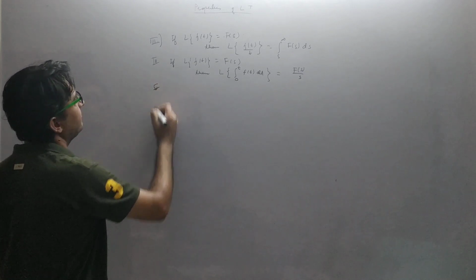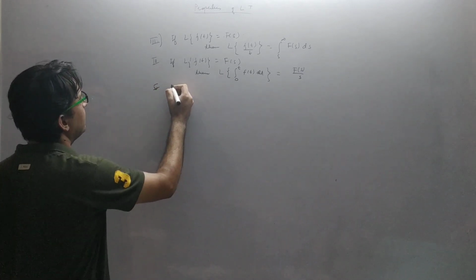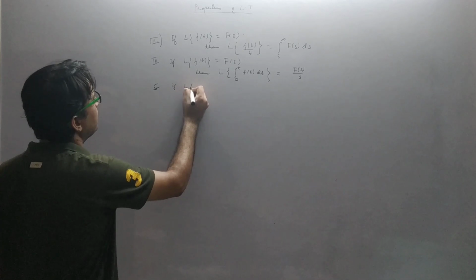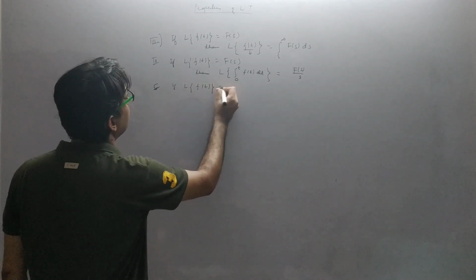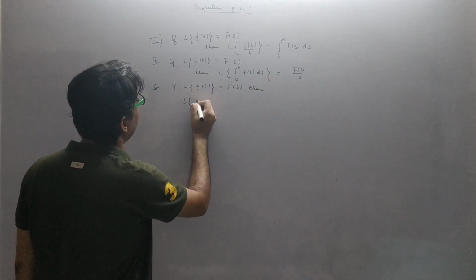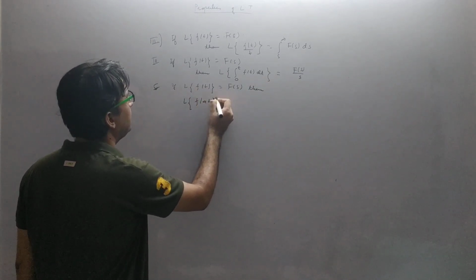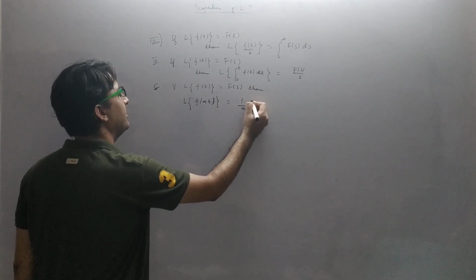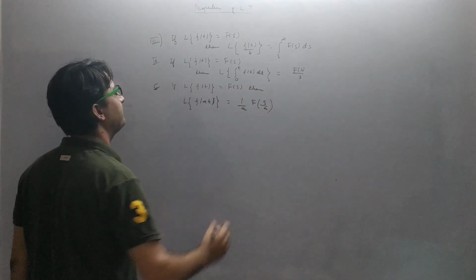Fifth property is going to be, if Laplace transform of f of t is equal to f of s, then Laplace transform of f of at is equal to 1 by a f of s by a.